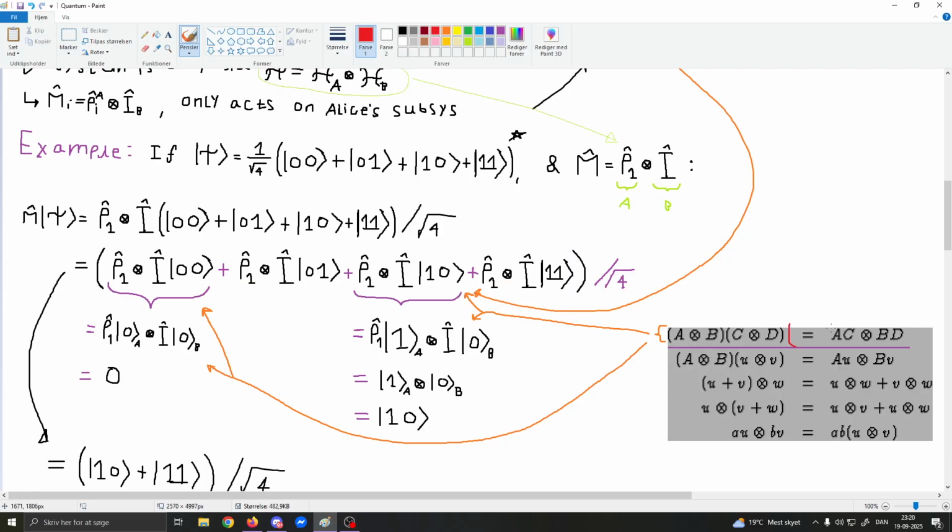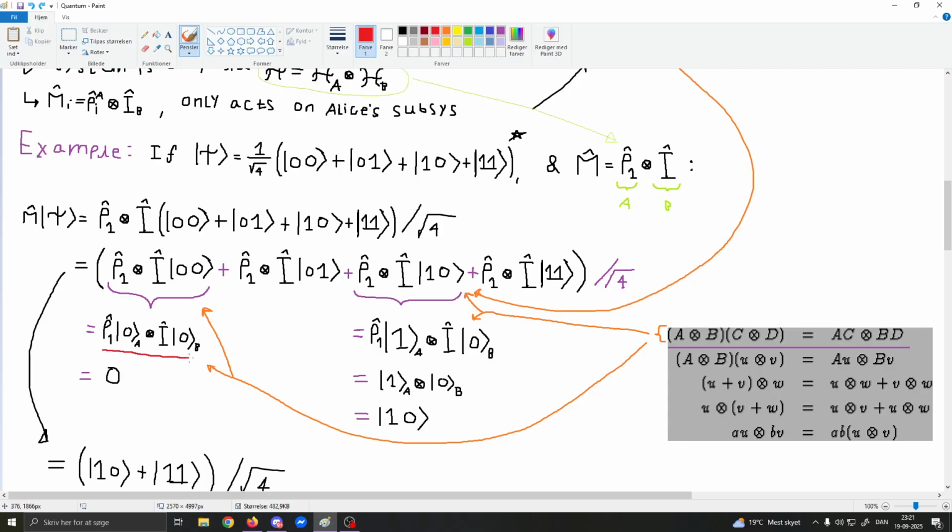So if you had a third tensor product here, it would be A times C times E, etc. Let's see how that plays out. We multiply our projector onto the first ket, which is ket 0, and our identity onto the second ket, which is also ket 0, where this is Alice's and this is Bob's.